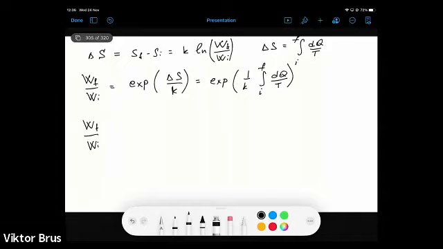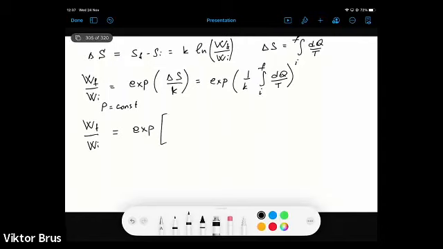In general, if we consider first the isobaric process, P equal constant, you remember why we consider the isobaric process first, because for the isobaric process we have both heat transfer and work done. So in that case, this ratio of thermodynamic probabilities, or statistical weights, is defined as the exponent.